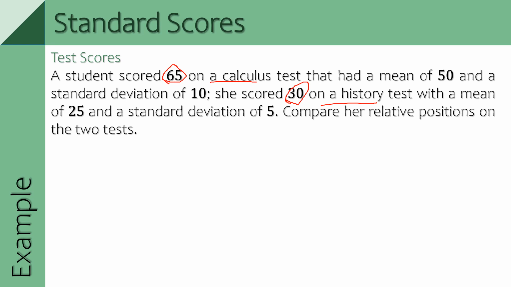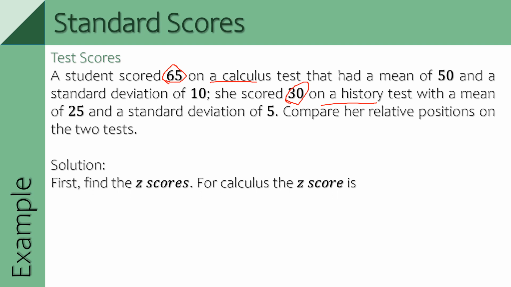Okay, so let's see if we're going to use the standard score. Titingnan natin yung standard score ng mga scores na to. Let's start with, find the z-score for calculus. Okay, so we have z is equals to x minus x bar over standard deviation or sample standard deviation.